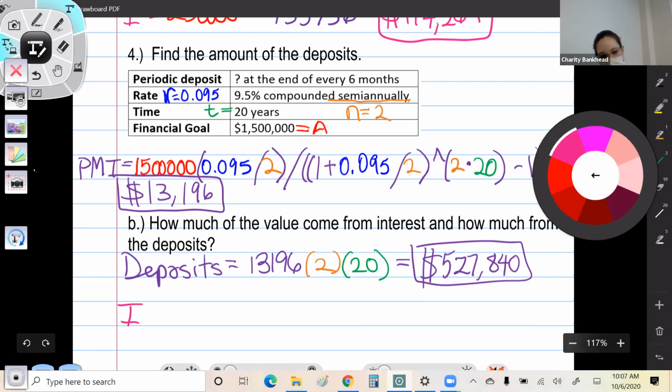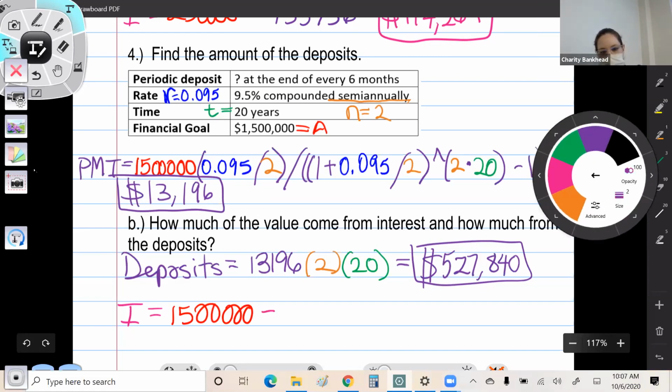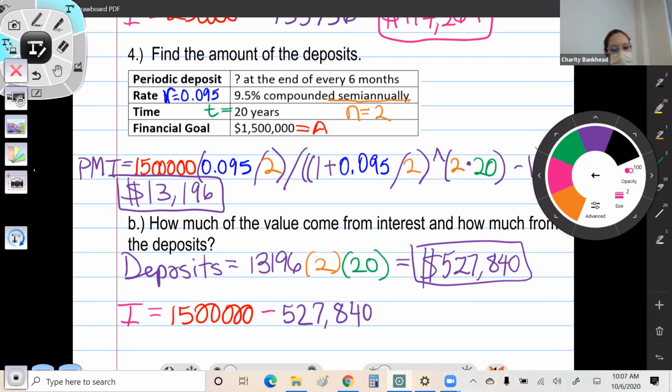So the amount of interest earned equals the 1,500,000 minus the amount of the deposits, which is 527,840. So I can see here that basically you've almost tripled your money. You deposited about 500,000 and you ended up with 1.5 million.